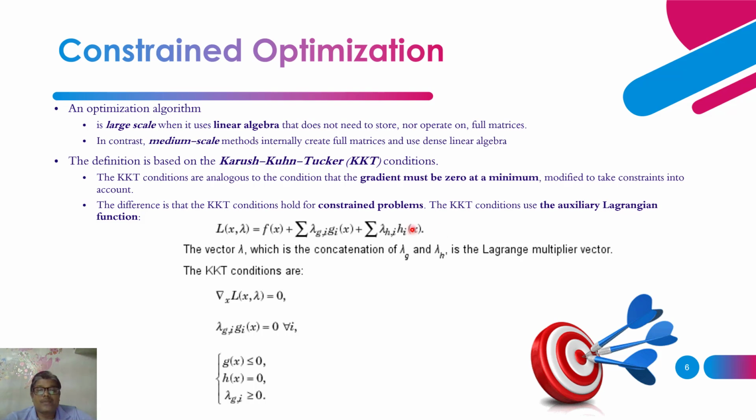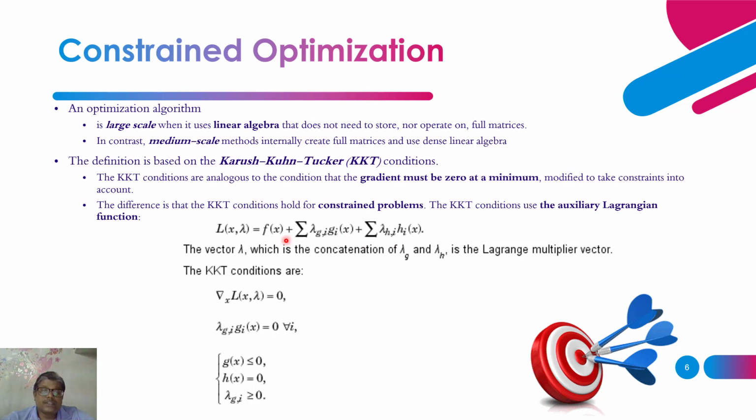That can be written like this: your main function plus auxiliary functions, where g_i is maybe the inequality constraint and h is the equality constraint. These inequality and equality constraints are multiplied by the respective Lagrangian multipliers, called lambda g and lambda h.